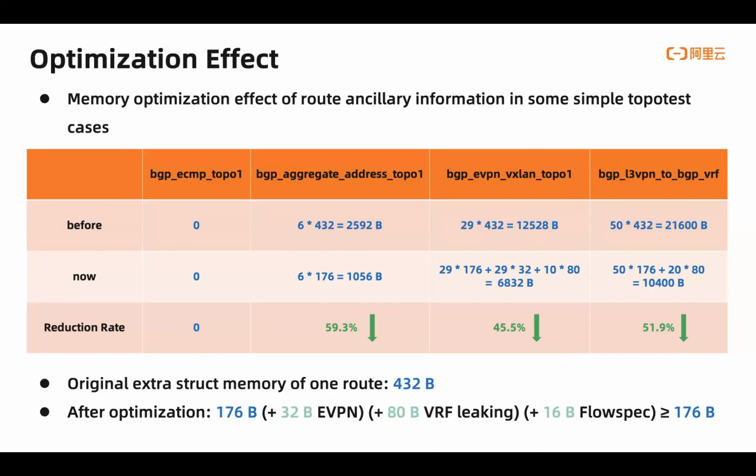Some test cases, such as bgp_aggregate_address_topo1, use the extra data structure and do not use our dynamically allocated attributes, since the size of an extra structure variable is reduced from 432 bytes to 176 bytes. It reduced the memory usage by about 60%. In some of the other test cases, the attributes we moved are used, so a new structure variable will be created, and it will reduce the memory usage by about half.